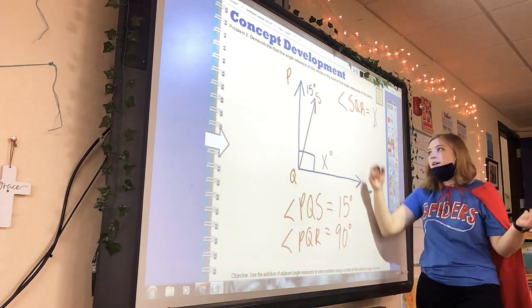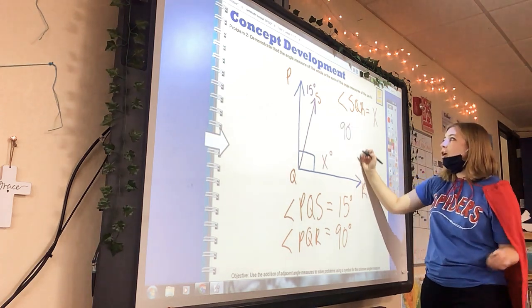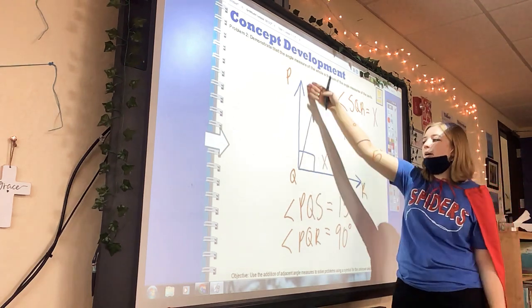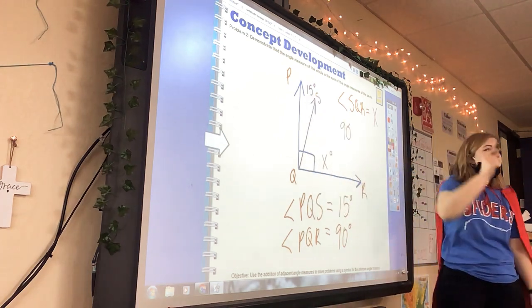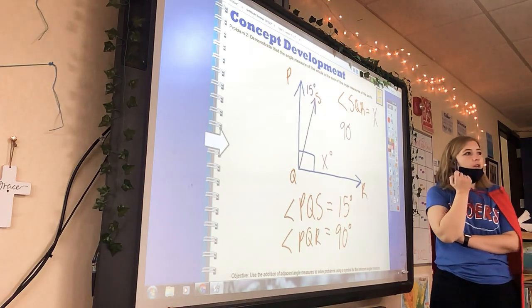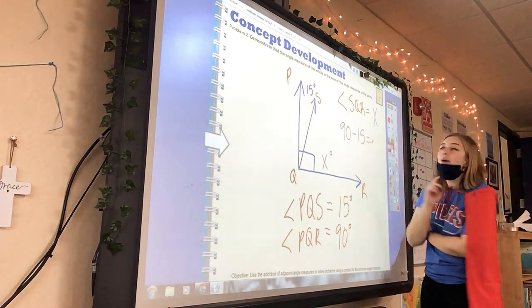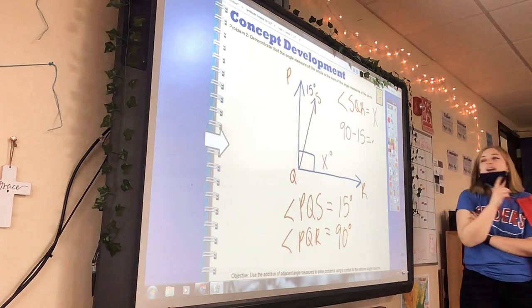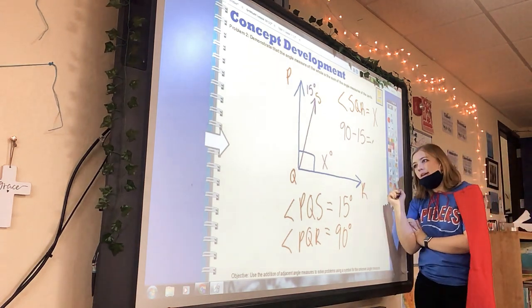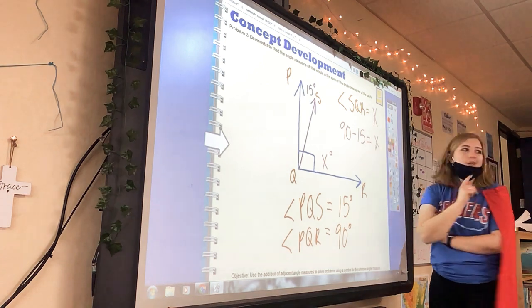Go. 90. Okay? We know that this angle PQS is 15, so am I going to add 15 or take away? Go. Take away. I'm going to take 15 away from 90, and that will get me what? Yeah, it'll get me X or angle SQR.